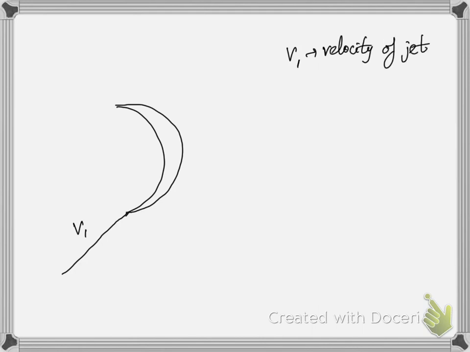When the jet enters at an angle, as we have learned in engineering mechanics, this V1 can be subdivided into two components: the horizontal component, VW1, and the vertical component, VF1.